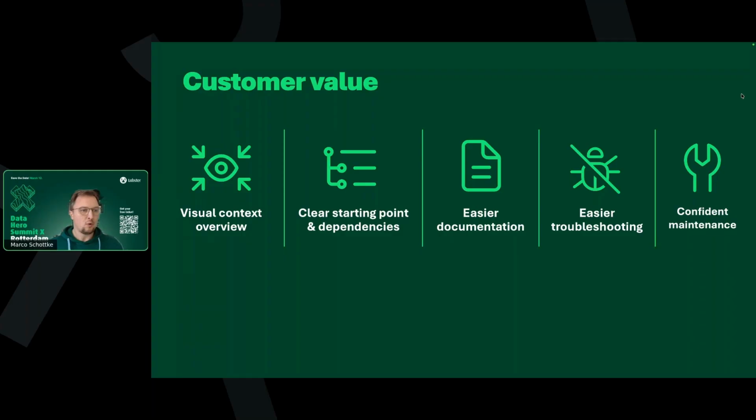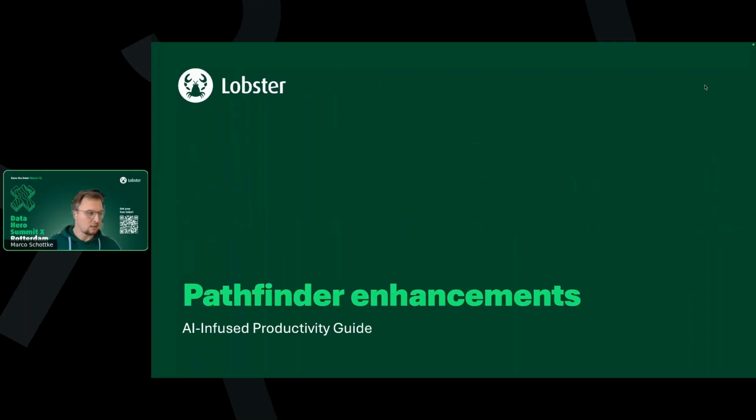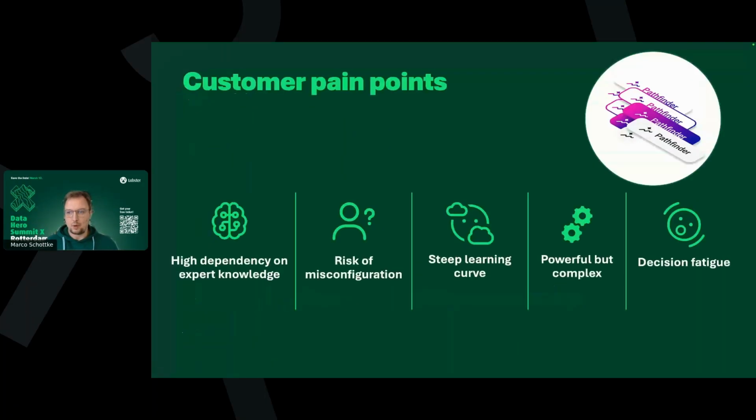Let me move forward to the next release highlight, and this is again enhancements on our AI, our Pathfinder enhancements. What I find really unique about our platform is that if you're a developer, you can't just Google if you're stuck. You can't go to Stack Overflow, or use the standard models outside, like ChatGPT or Anthropic, to figure out how that works or how you can fix an issue.